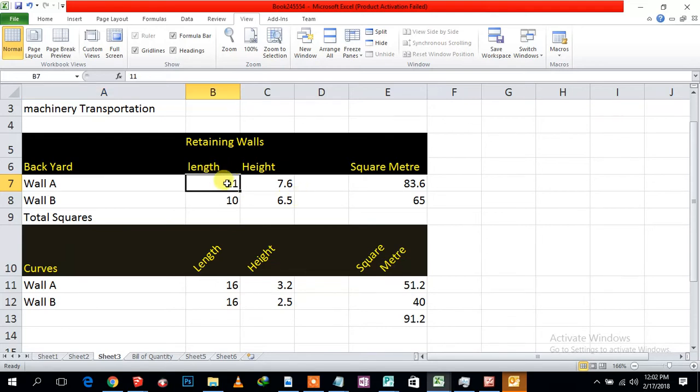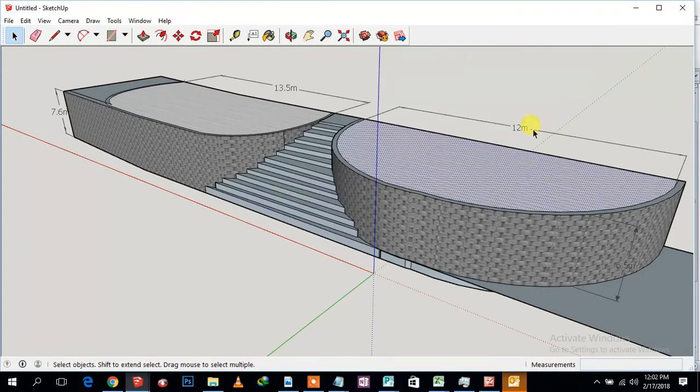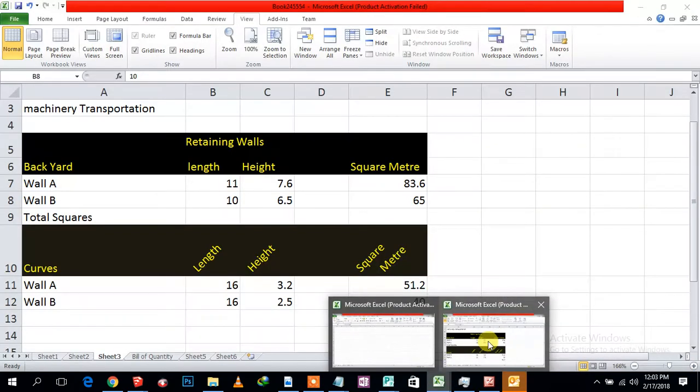Instead of 13 meters, I'm just going to say 11 meters, with a height of 7.6. So it's 11 multiplied by 7.6. We've got 83 square meters. And for wall B, the other wall, let's say 12 by a height of 6.5, but I've adjusted it a little bit.